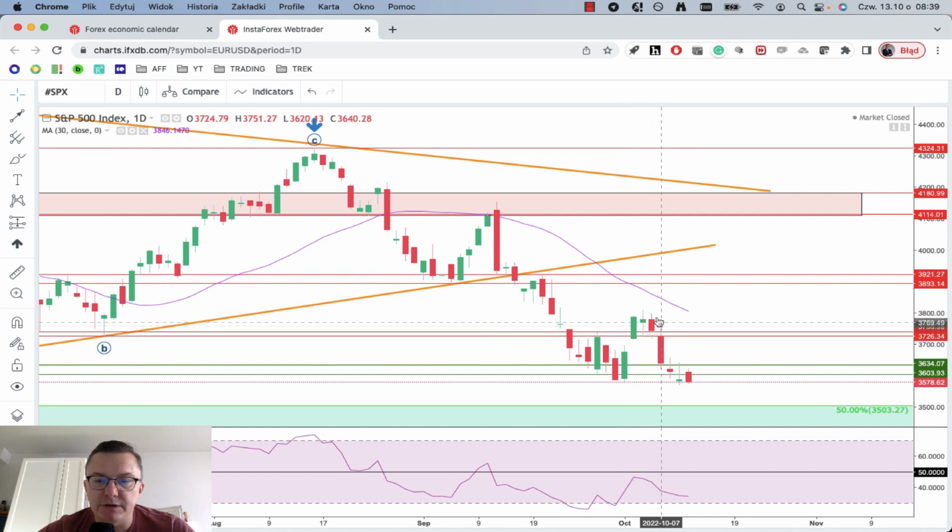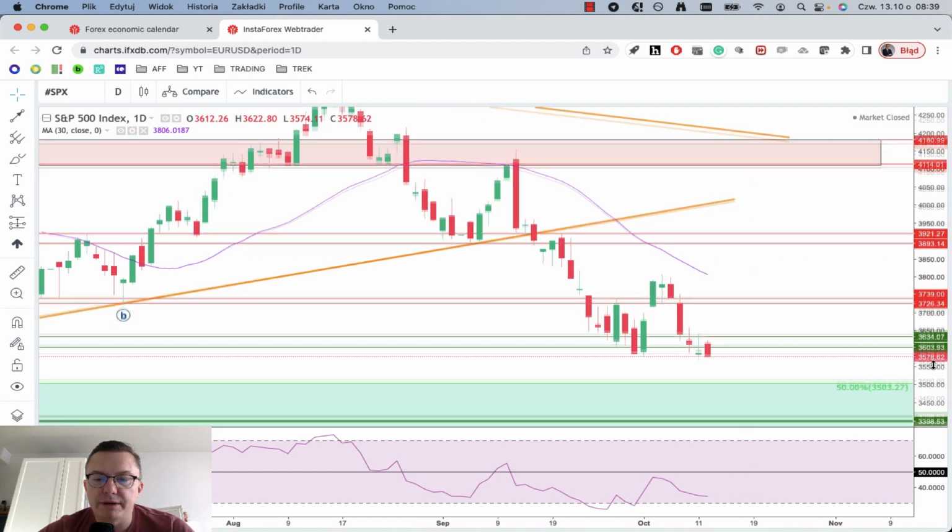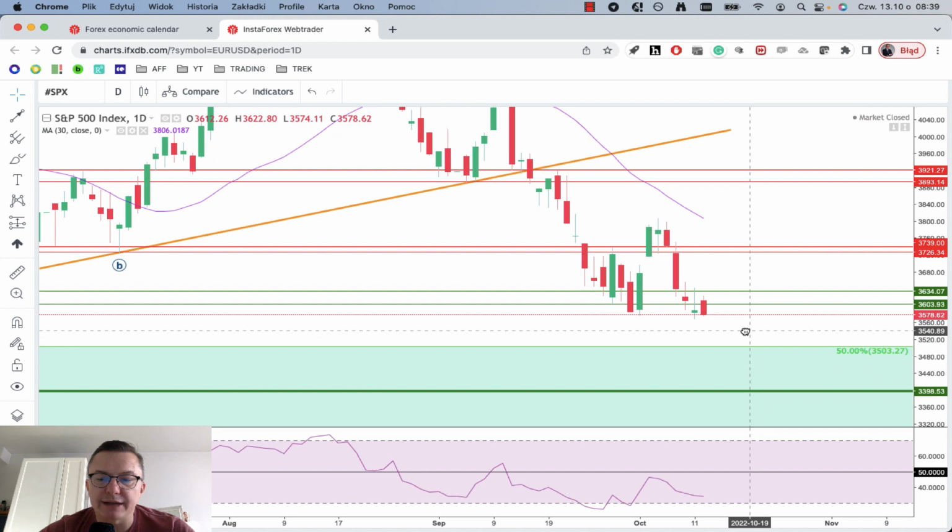This is a candlestick pattern into the 38% Fibonacci retracement of this wave. Confirmation, extension, bearish pressure, and today, as you can see, we are already opening a little bit into the red. So 3,503 is the next target. 3,398 is the key long-term technical support. So it's worth keeping an eye on the S&P 500.